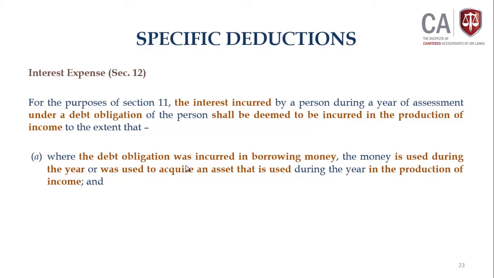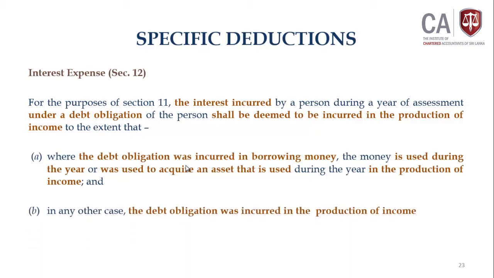Okay. But if you do not acquire an asset using a loan, then the loan should have been used for business purposes, the production of income. So, basically working capital loans, overdraft, short term loans not to acquire assets, import loans, so many loan categories we have. If it is for business purposes only you can claim.